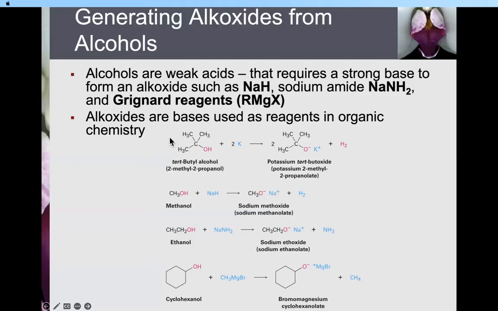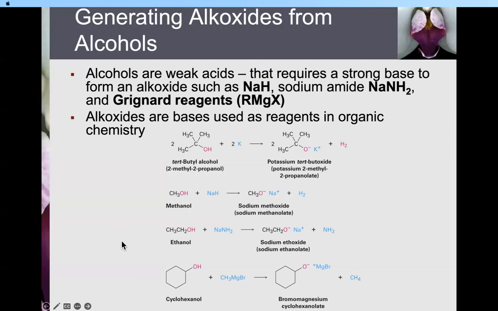And they are named systematically by adding the ate suffix to the name of the alcohol. So methanol becomes sodium methanolate. Then tert-butyl alcohol, 2-methyl-2-propanol, becomes potassium 2-methyl-2-propanolate. Ethanol becomes ethoxide or sodium ethanolate.